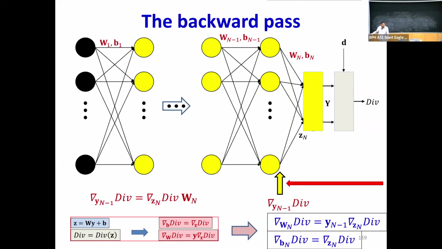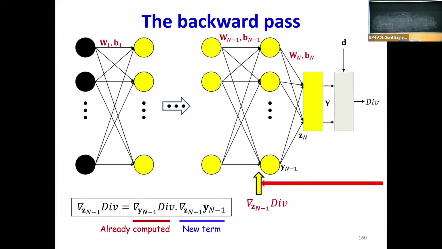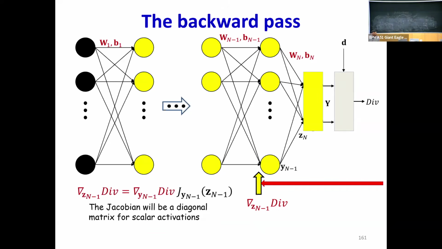Beautiful, right? And so now I have computed all the derivatives until here. I can take a step back. I can right multiply the derivative with respect to z by the Jacobian of this activation, which is now going to be a diagonal matrix. I get the derivative with respect to the previous z. I can right multiply that by the previous w.